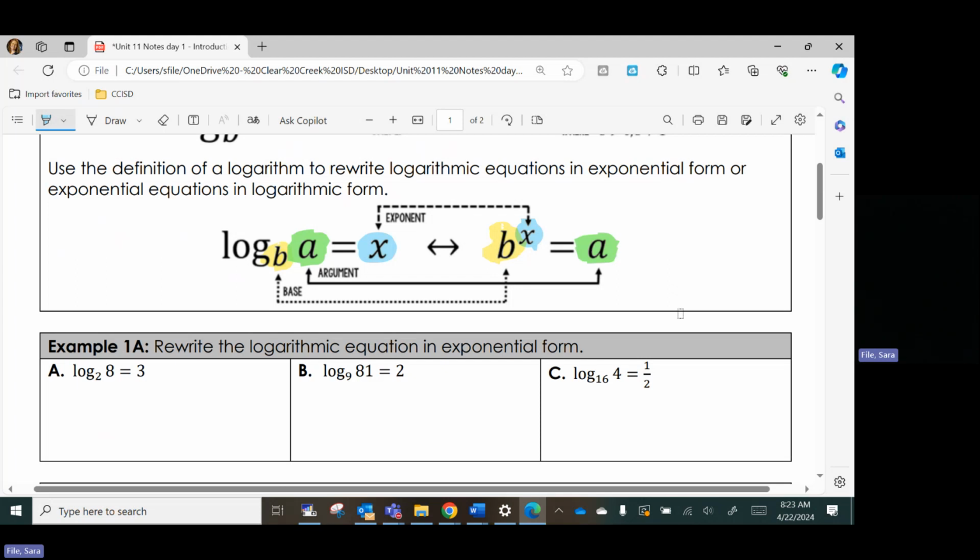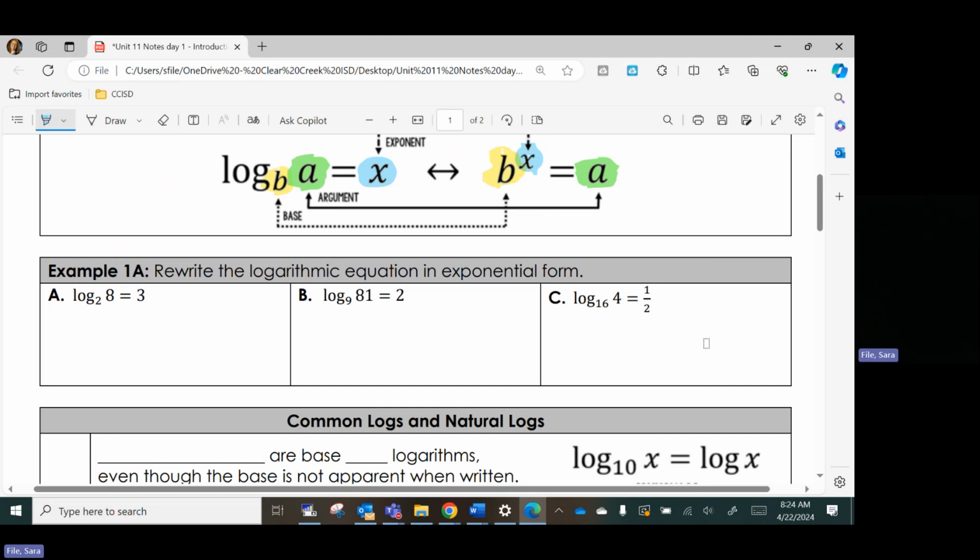So we have to be able to convert back and forth between log form and exponential form. Here in this first example, we're going to rewrite the log in exponential form. I'm going to go through all of these real quickly and highlight the different parts of the log. What will become the exponent is what the log is set equal to.